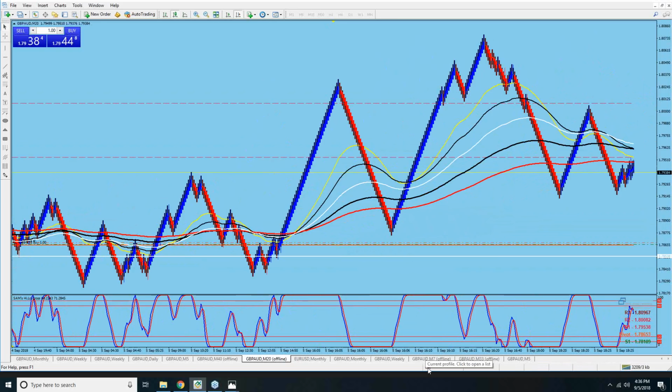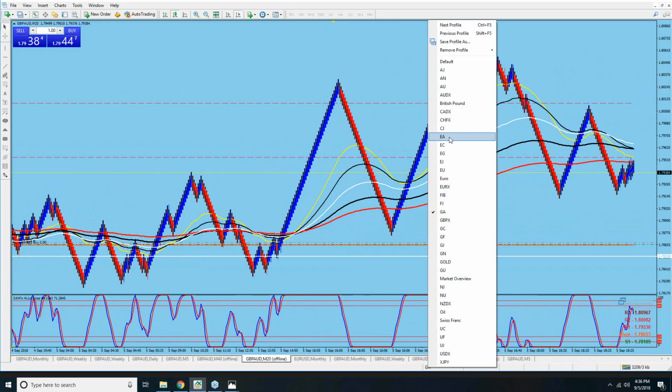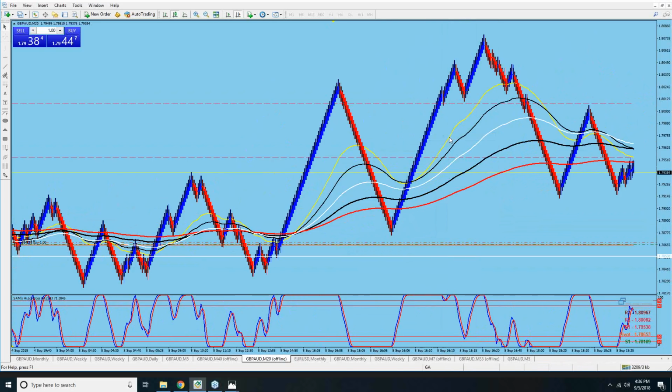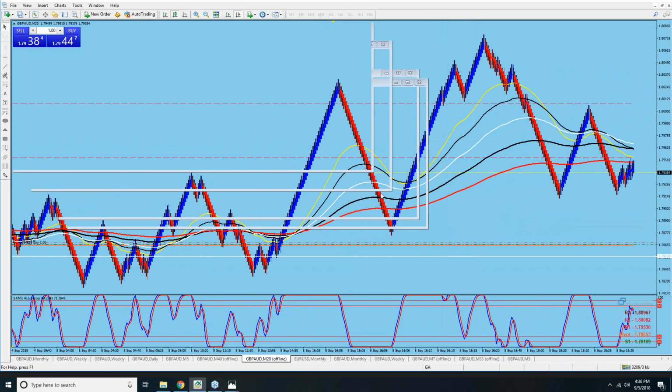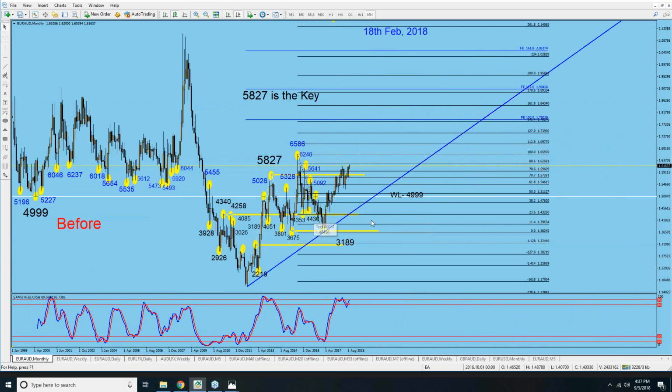For example, I'm going to show you another pair, Euro Aussie, because I was looking at the Euro Aussie the other day, and it was so perfect by the book. It was just breaking the levels and moving among these levels beautifully, bouncing and giving you trades right off the levels.